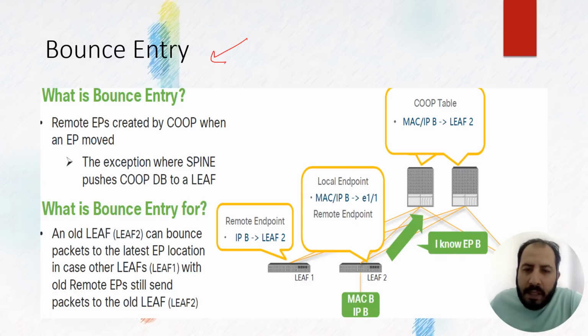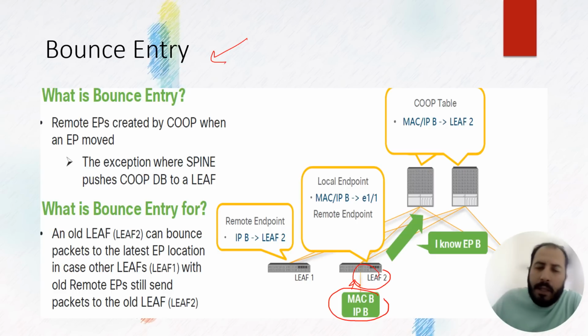Assuming that I have an endpoint connected to leaf 2. What will happen once I connect this endpoint? Leaf 2, as we agreed, will send a ZMQ message to the COOP, from the local station table to the global station table of the spine, to update the information that currently endpoint B is connected to leaf 2.